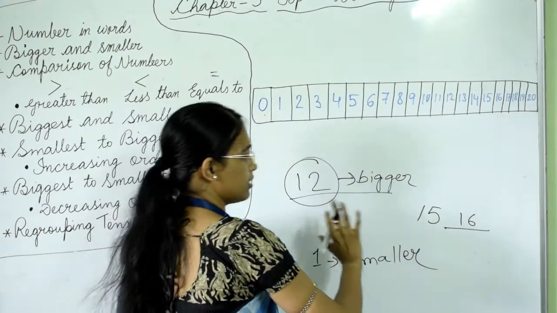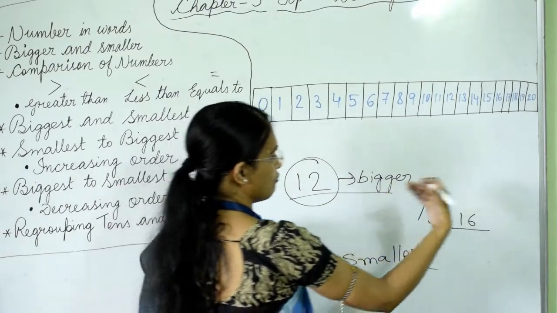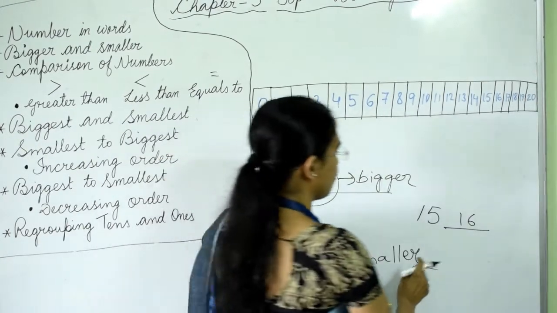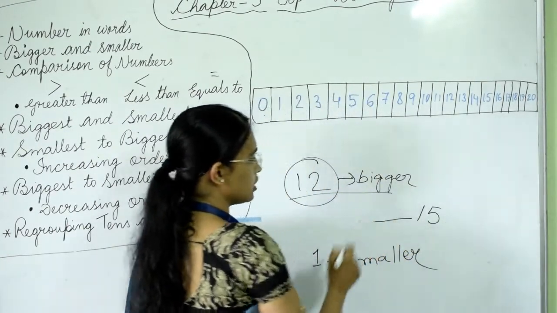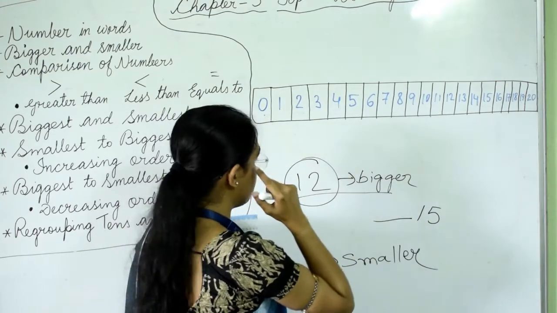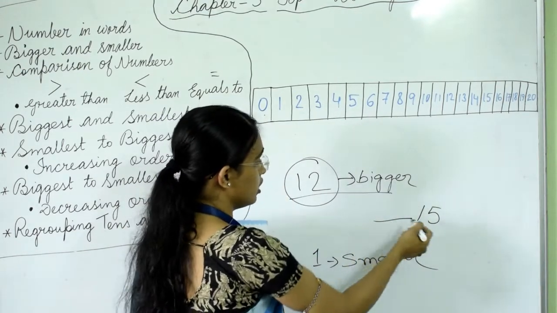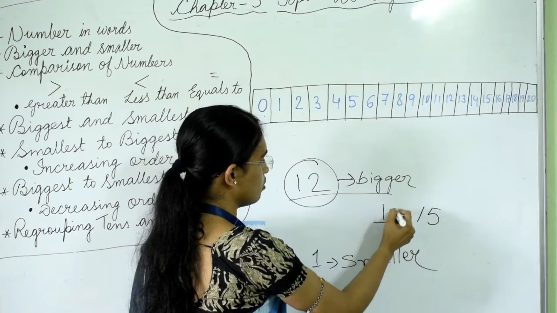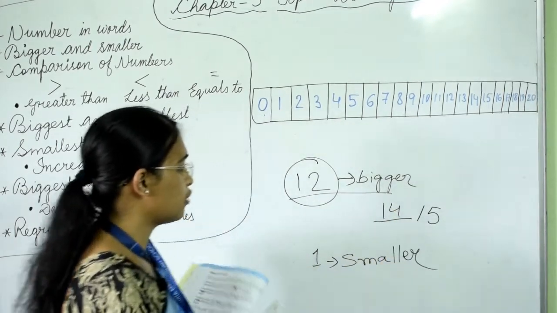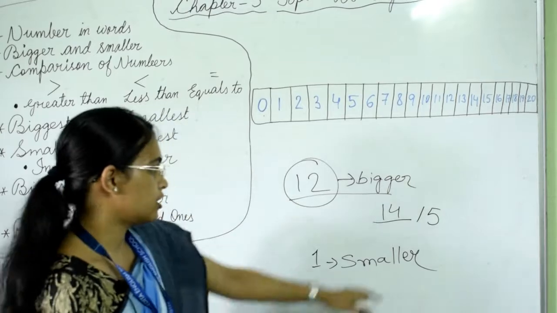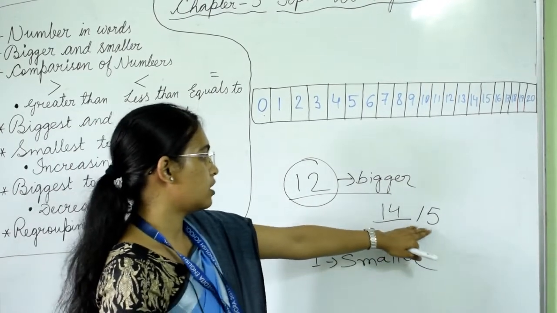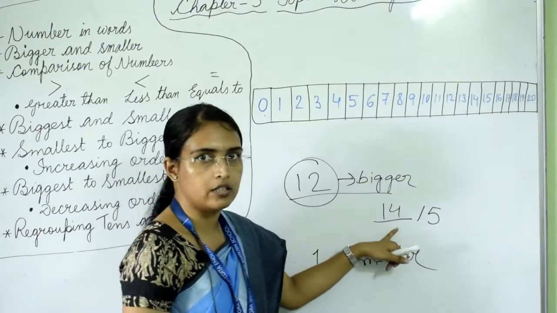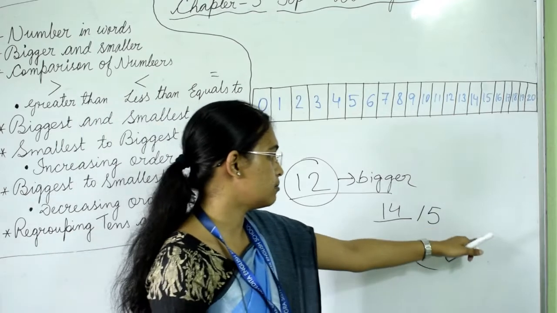So whatever the number is, the number that comes after that particular number is called the bigger number, and the number that comes before 15, 14, comes first, then 15, right? So it is before. So if you have to find the before number, that means it is smaller, and if you have to find the after number, that means it is bigger.